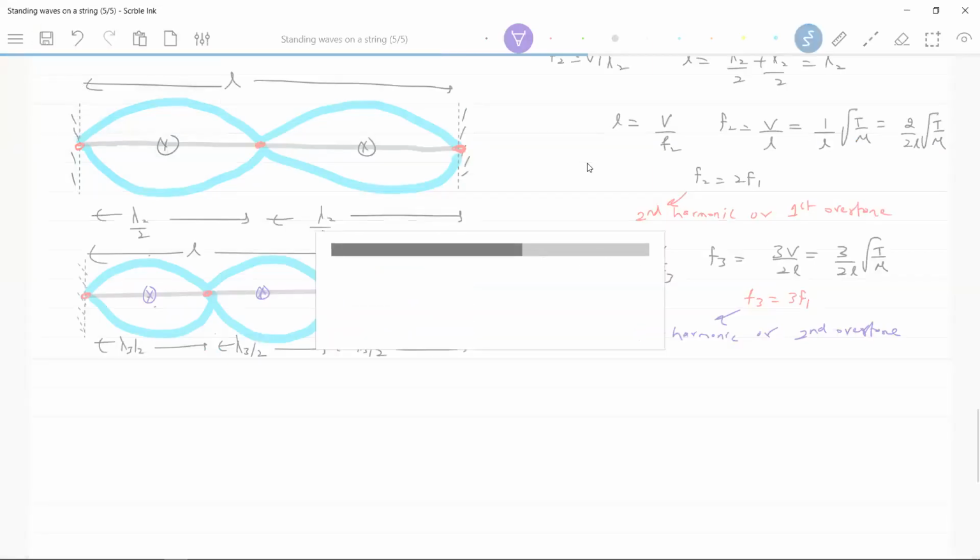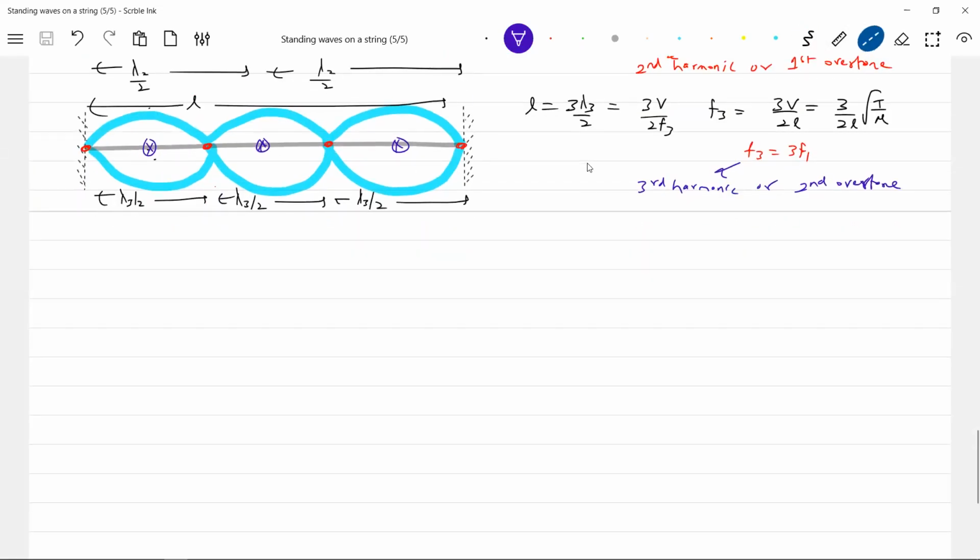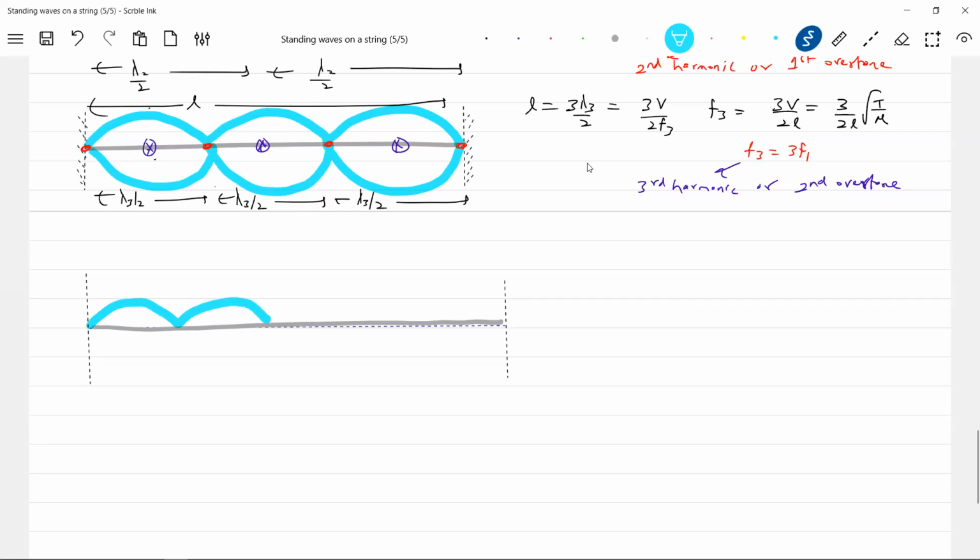Like that, for the nth harmonic we'll have n loops. There can be n number of loops here.